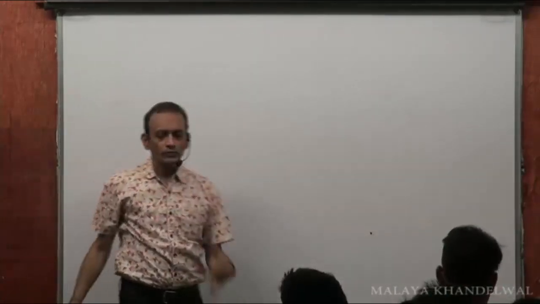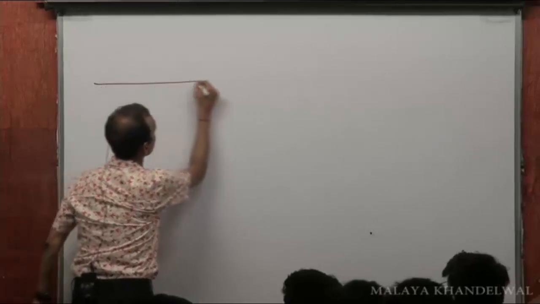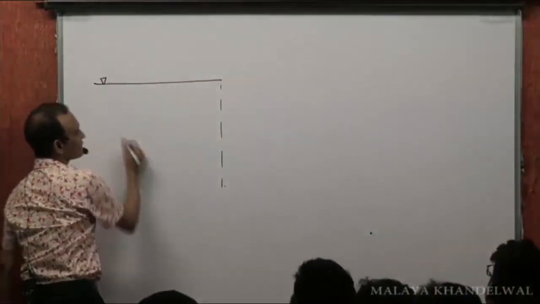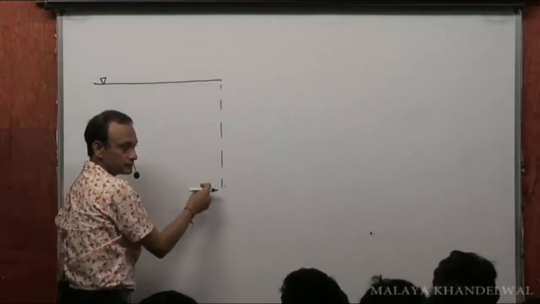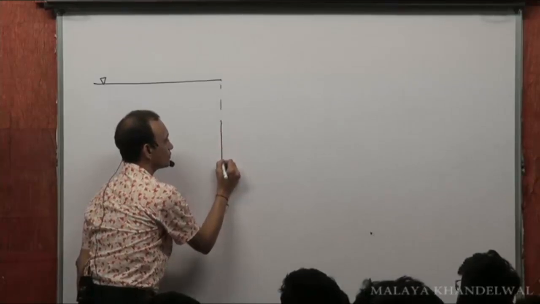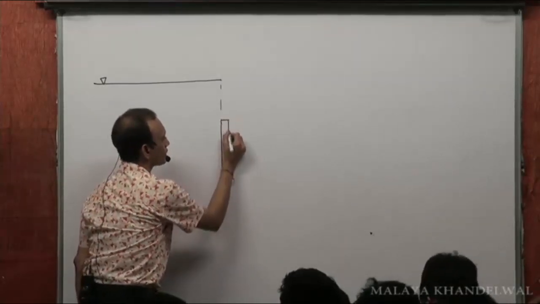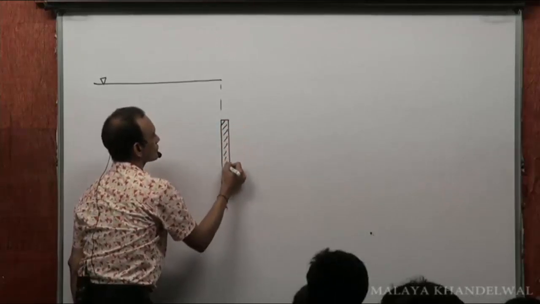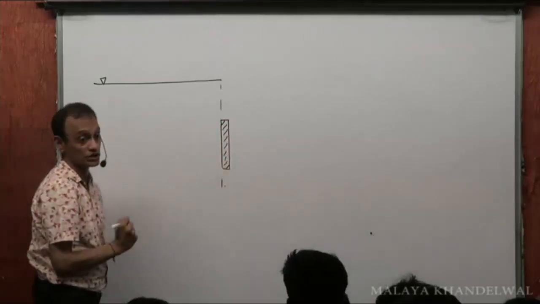See, when designers go on to design these gates, let's say this is the free surface of a liquid and there is a gate here. I know how to calculate the force on this gate.